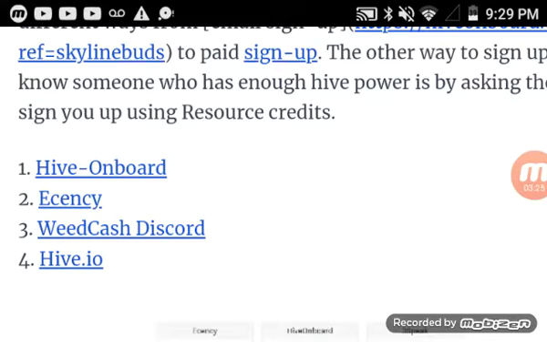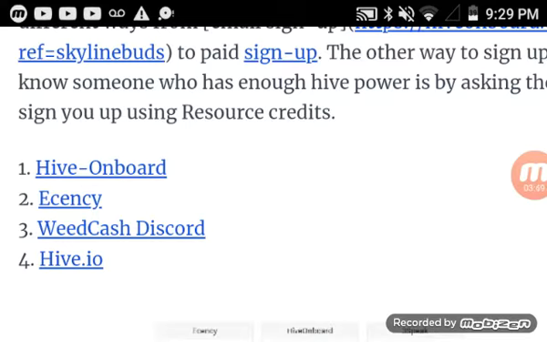That's a similar idea behind Hive, where you regenerate network value, something they call your Hive power and resource credits, that allows you to do these transactions free. So first, you need a wallet, obviously, to be able to put your BBD coins and your cryptocurrencies in.